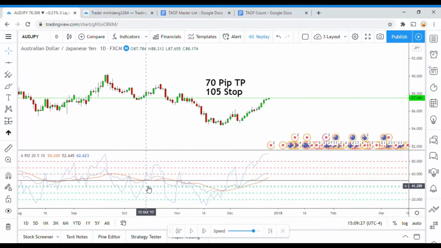The creator really didn't give any kind of indication as to how it should be traded. And so we are going to trade it very similar to how we traded the regular RSI.